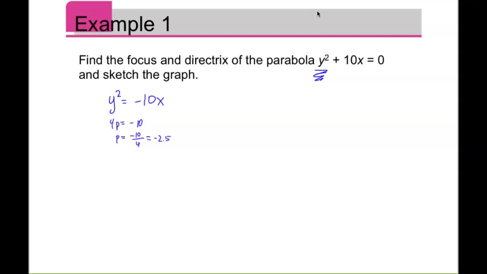In a sideways opening parabola, p is the x coordinate, right? So that means that my focus will be at (negative 2.5, 0). My directrix is going to be a vertical line since it's sideways opening. And it'll be at y equals positive 2... No, x equals positive 2.5. Apologies.